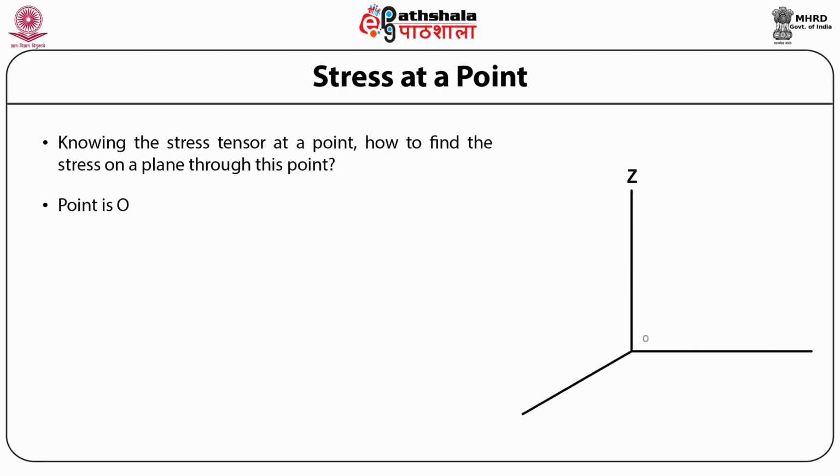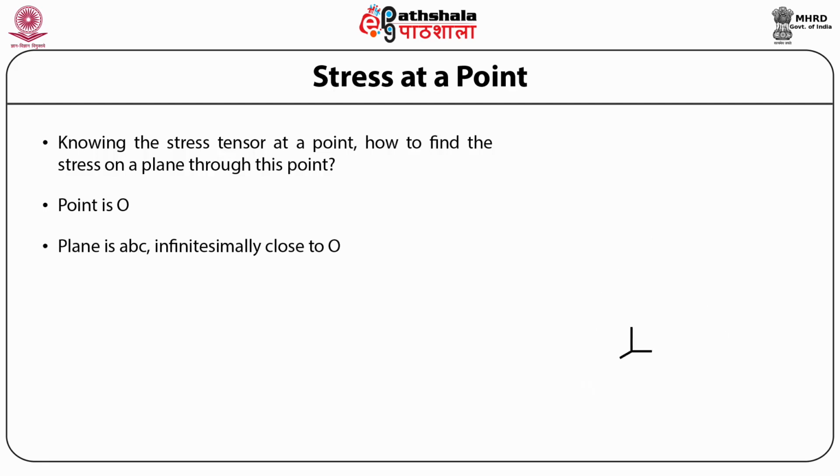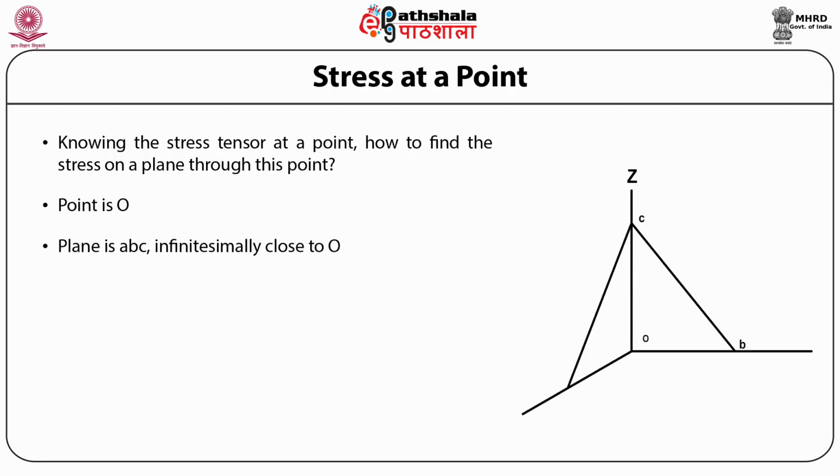So continuing our discussion over stress at a point. Now, to find the stress on any plane passing through the point, knowing these 6 components, let us consider the plane ABC, infinitesimally close to the desired point O, which is also a corner of the parallelepiped. Let n1, n2 and n3 be the direction cosines of this plane.